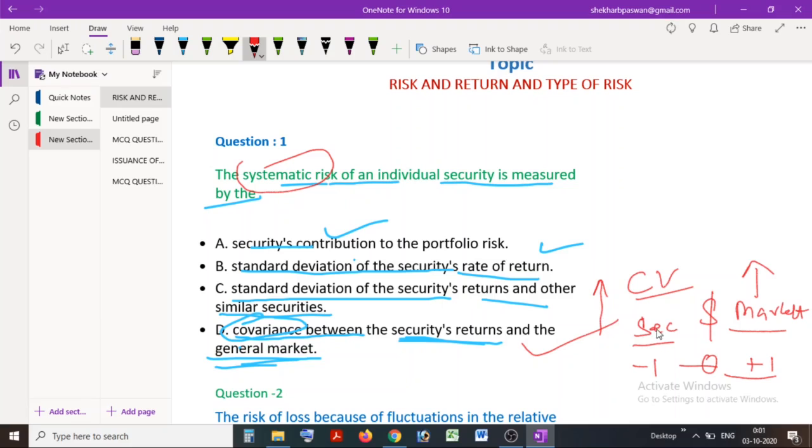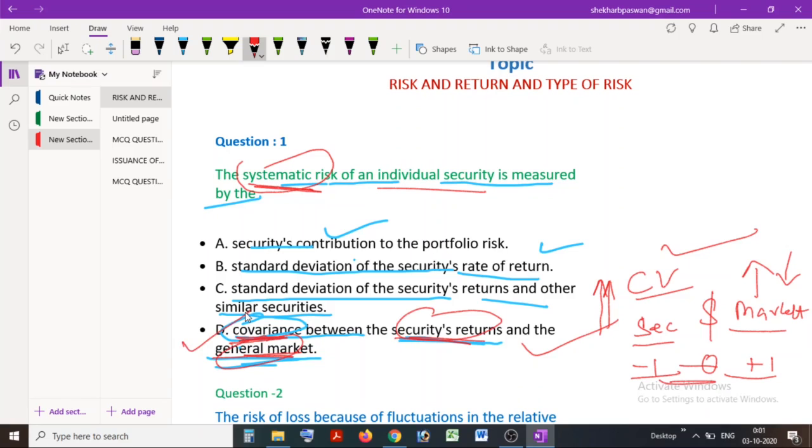And when the market is falling but the return of the security is rising, there is an inverse relationship, and the value will be between -1 and 0. This is the concept. So the systematic risk of an individual security is measured by the covariance between the security return and the general market. So D is correct.